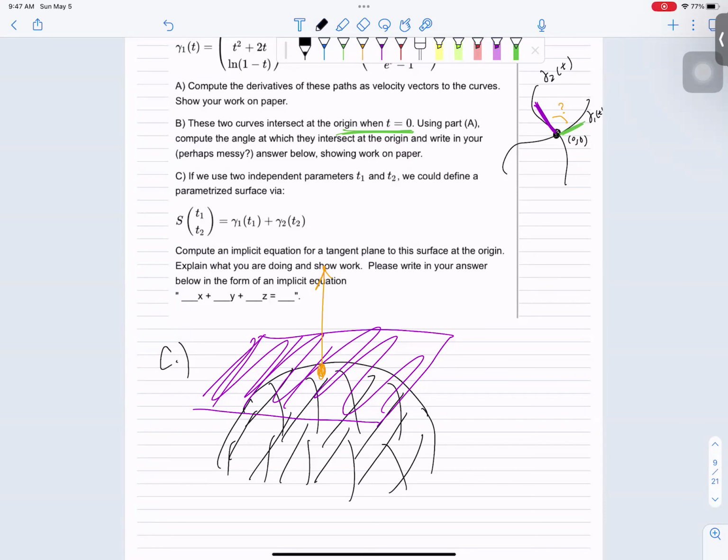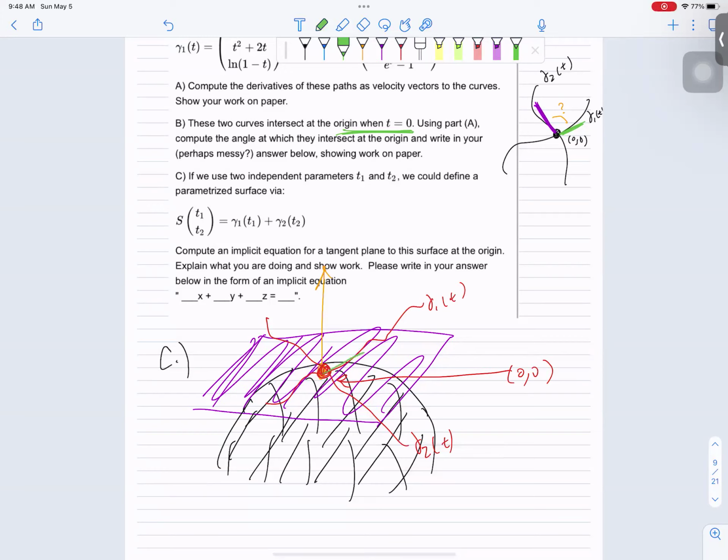Well, I had my two curves, right? My two curves live on this surface. I had my gamma 1 curve and my gamma 2 curve, and they told me they intersected at the origin. Let me draw the origin. And with the two curves, I already found tangent vectors living on the plane.